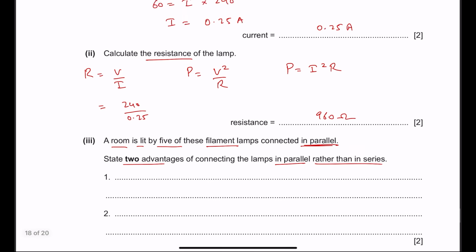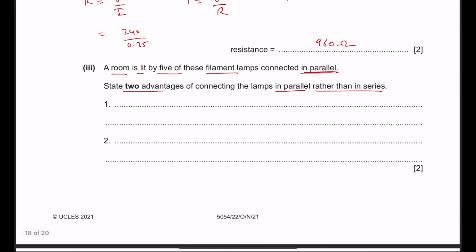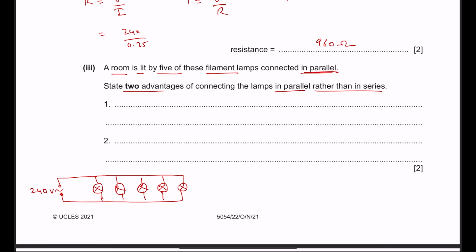Okay, let's take a look at some lamps connected in parallel. If the lamps are connected in parallel, they would be connected somewhat like this. All of these lamps are going to get 240 volts. But if they were all connected in series with the power supply, then they will have to share the 240 volts of the power supply, and if they are all identical, they will share them equally.